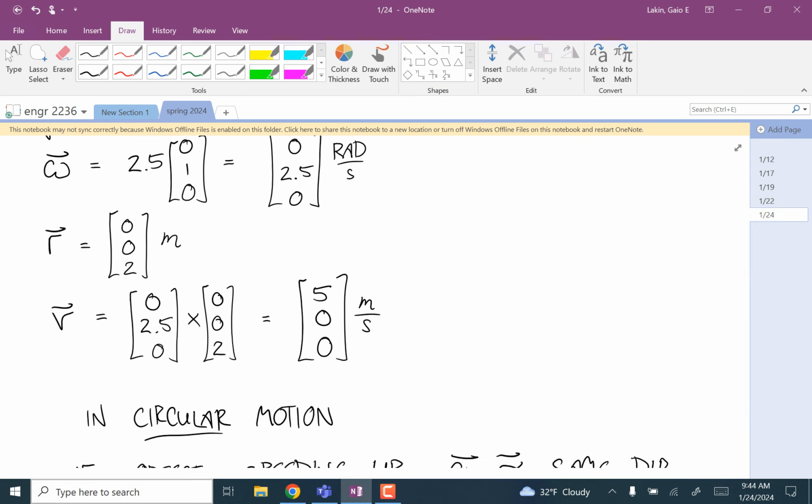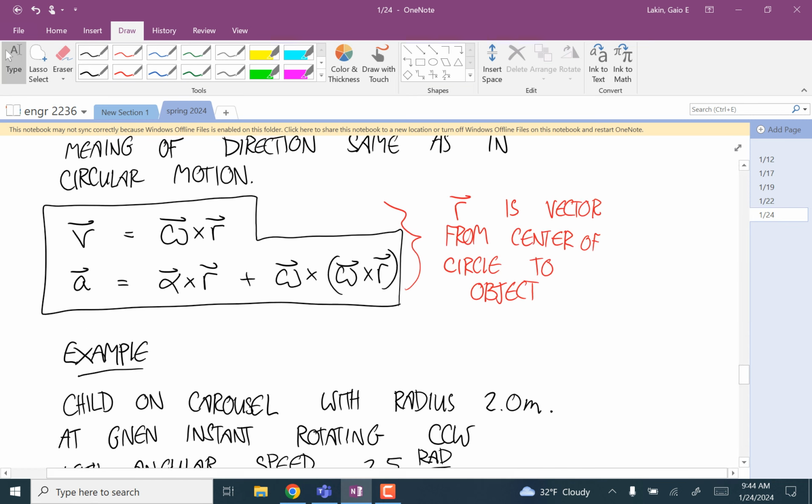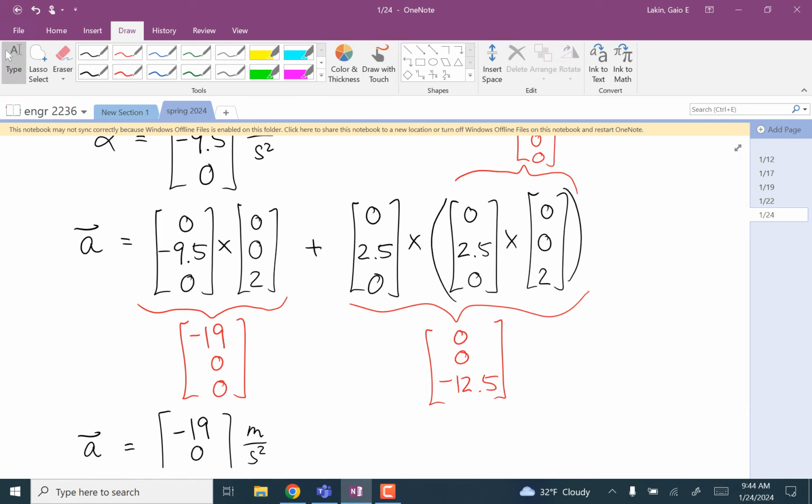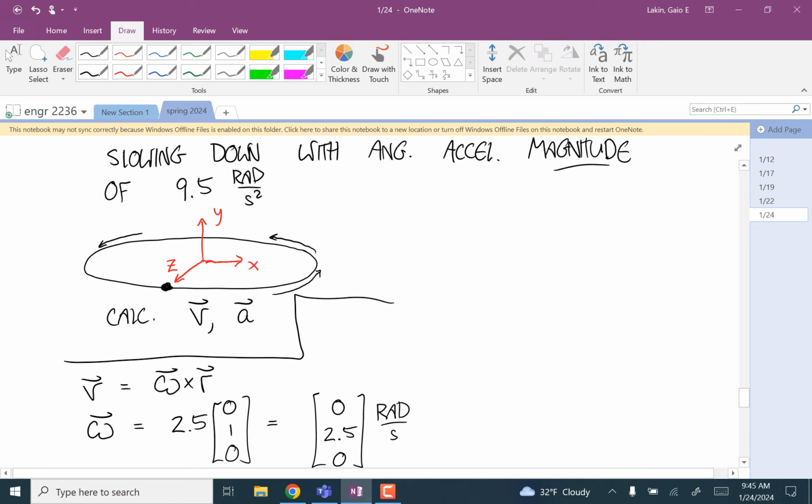I said before, this is the tangential acceleration. And this is the centripetal acceleration. So the tangential acceleration is negative 1900.